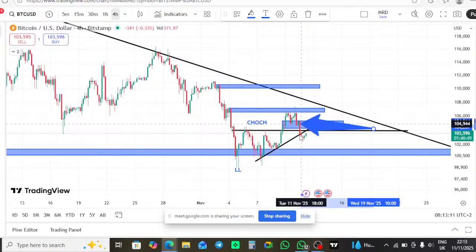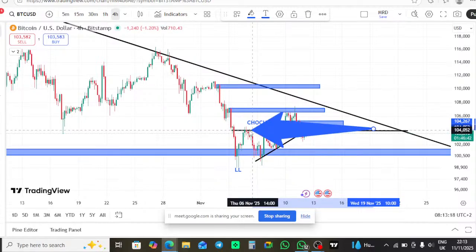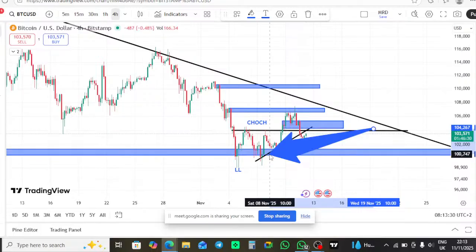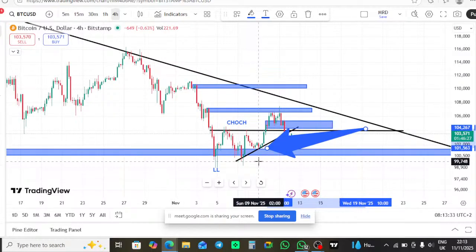Are we together? Now from there, on this trend line, we can see that the market never respected our support area, and neither did it respect the trend line. Therefore, we can see the Bitcoin trading under our trend line, and that is the sign of dropping.